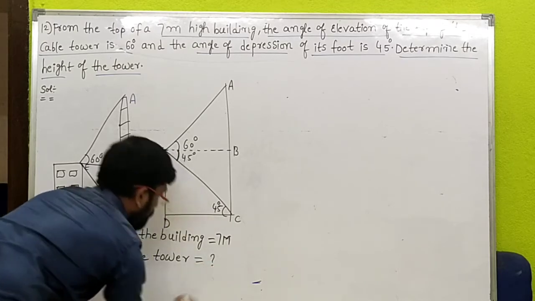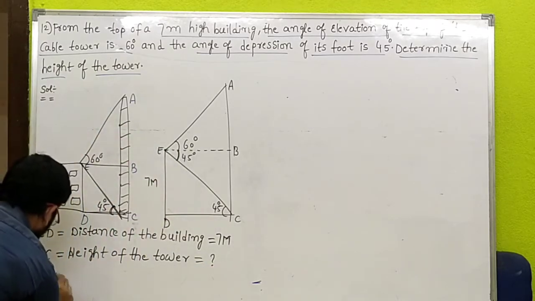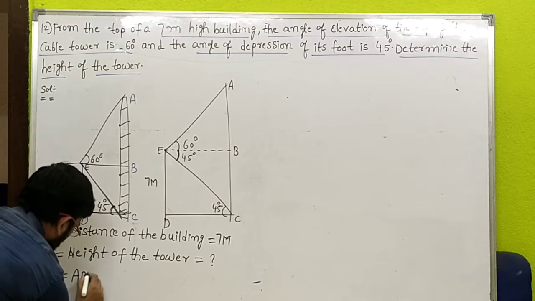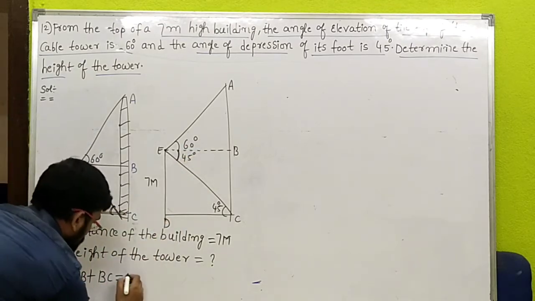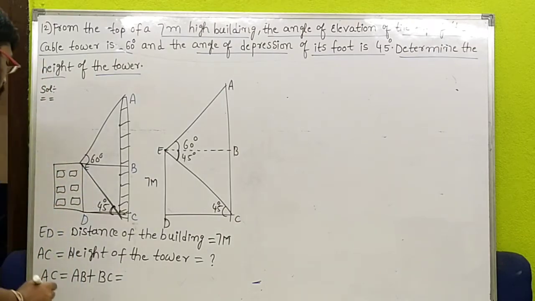So AC equals AB plus BC, and we don't know this.